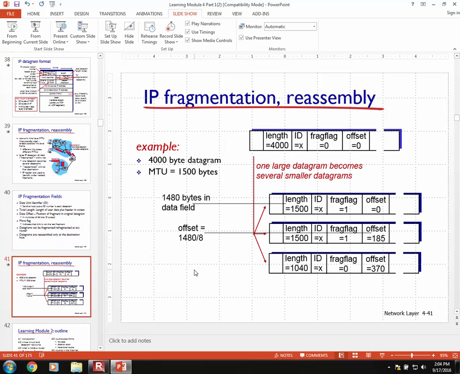So here we have an example. We have a datagram that we want to send that has 4,000 bytes. However, our maximum transmission unit size is 1,500 bytes. So this one large datagram has to be separated into 3 separate datagrams.